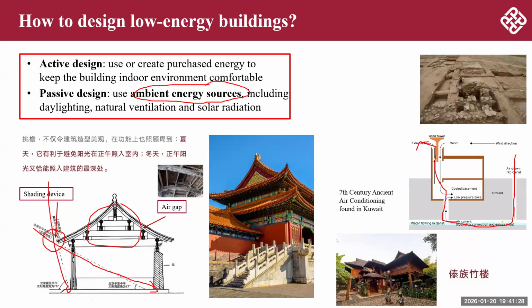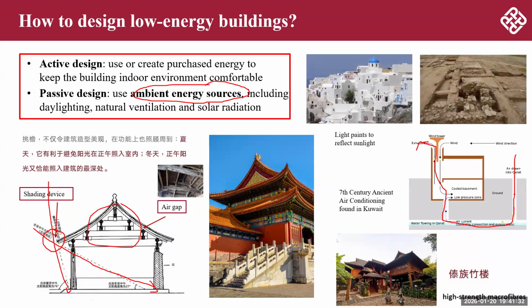And even, they are using light pens to reflect sunlight, so as to cool down the buildings. So these are the passive designs in ancient times, to make use of the ambient energy resources to provide a comfortable built environment.